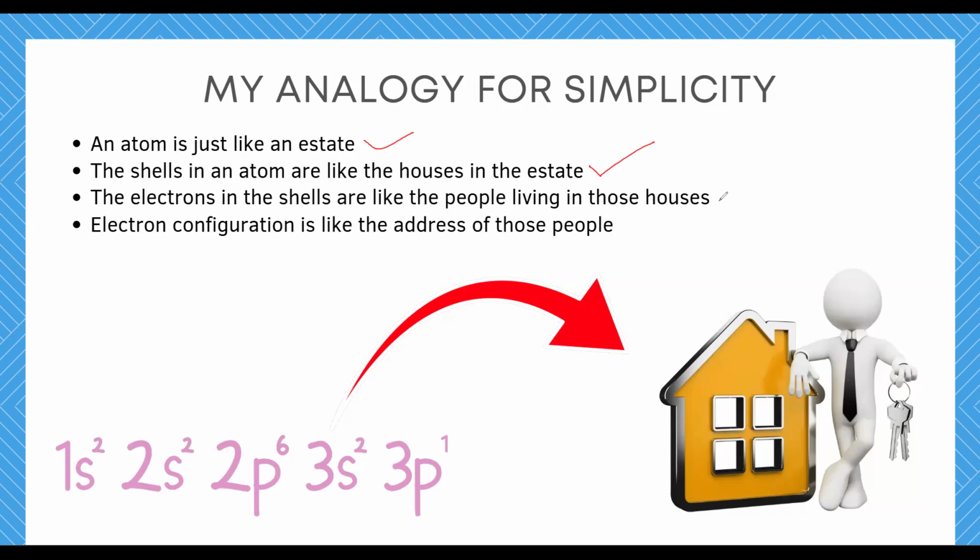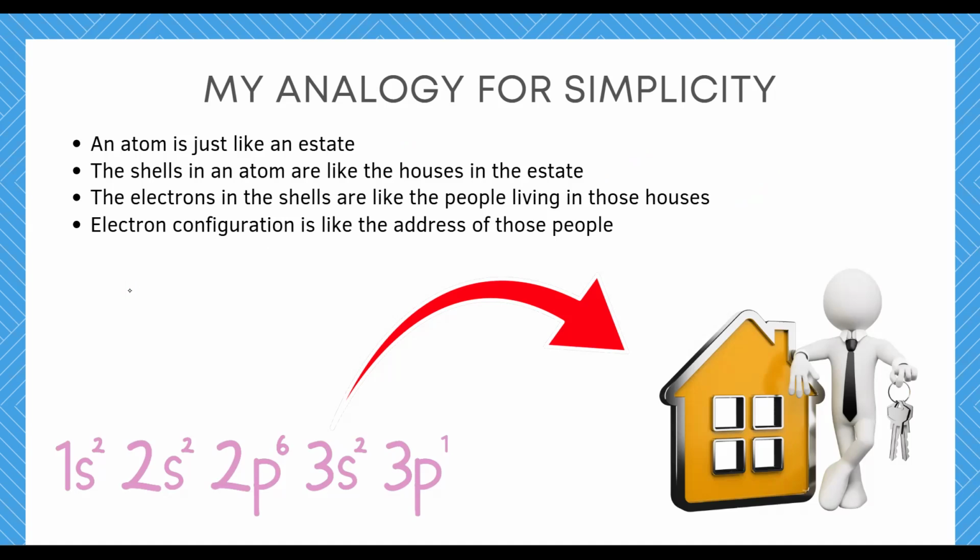Now, inside an estate where you have houses, there are people that are staying in those houses, correct? I know I am correct. Now, in the atom, the shells that are present in the atom also have electrons that are living inside them. So electronic configuration is simply a way of showing us where each electron is located in each shell of the atom. Did you get that?